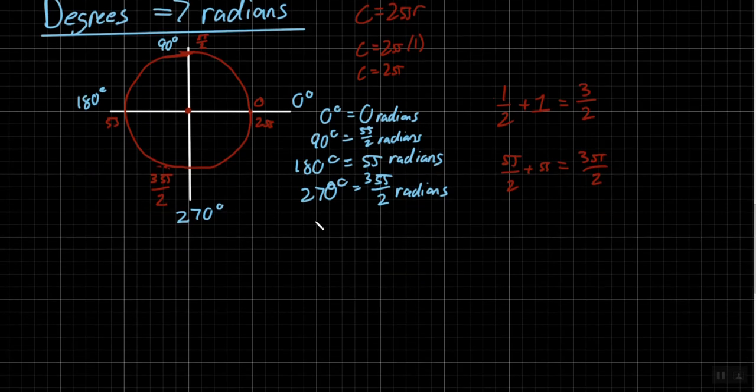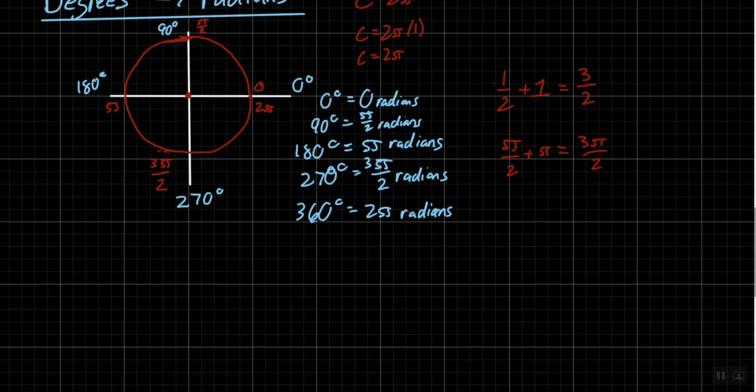So we've got our last one. 360 degrees equals how much in radians? Yep, 2 pi radians. Do we like radians so far, or do we like degrees? Degrees. Okay, well guess what? There is a formula to just switch them.